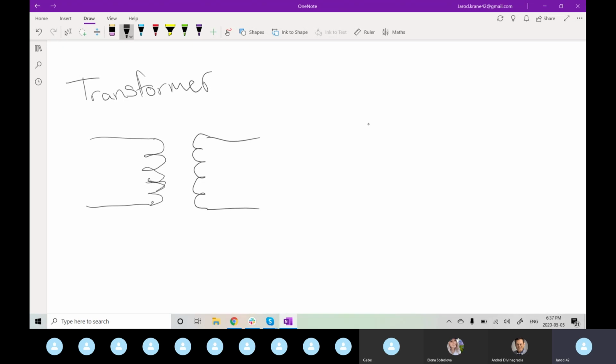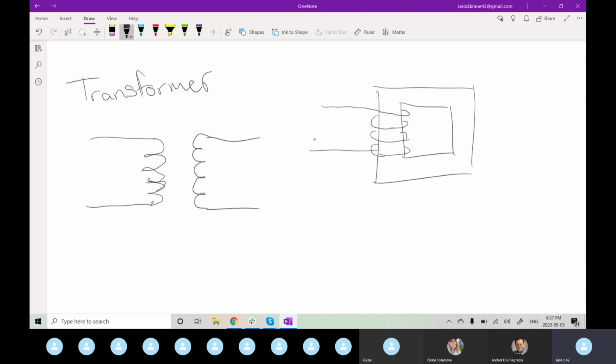What you would commonly see is some iron block donut where the coils will wrap around on one side, and then you'll see the same on the output.